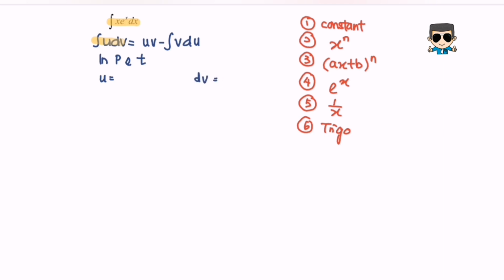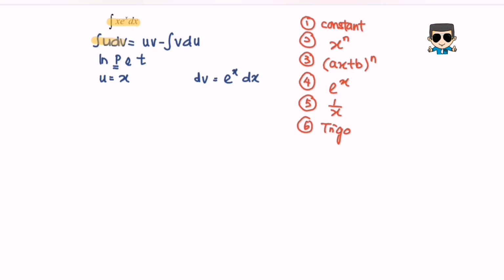So in this case, the situation involved would be polynomial and the exponent. So polynomial come before the exponent. So x will be the u, and the rest, meaning that exponent x will be the dv.